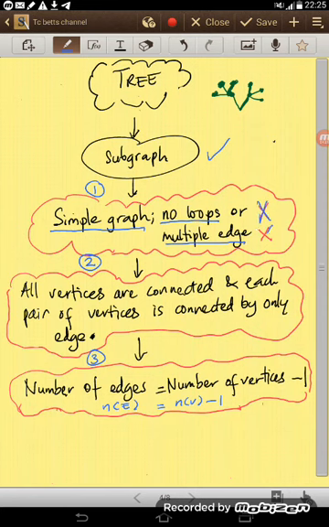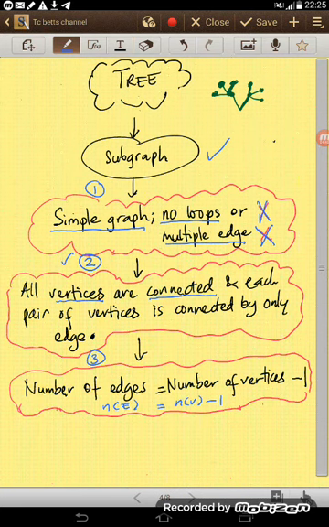Then for the second one, all vertices are connected, and this is very important. All vertices are connected, no isolated vertex.